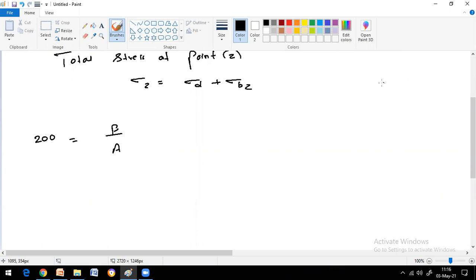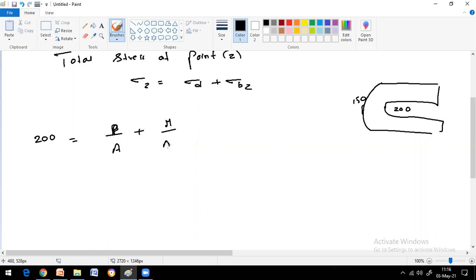At this layer the stress which is acting was given as 150 at this point, which is 200. It should not exceed this value, they said. Therefore we are equating with that value. 200 is equal to P by A plus M by A R of R square by h square into y by r minus y, minus 1.